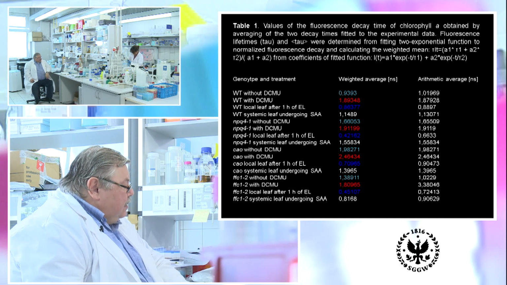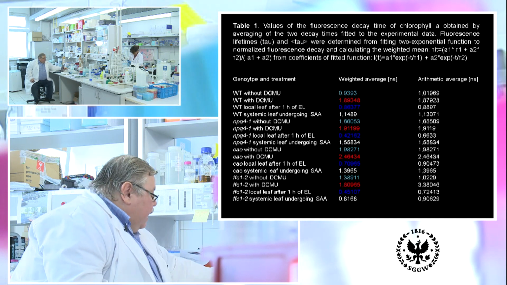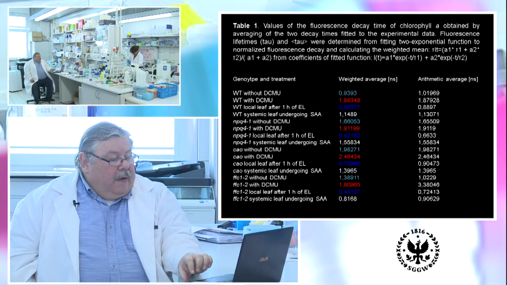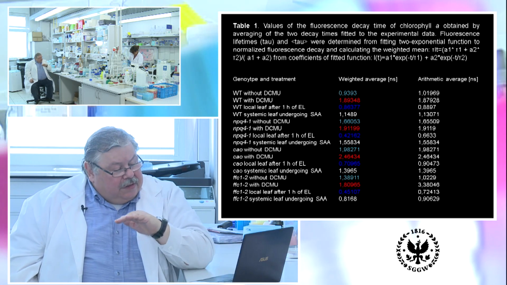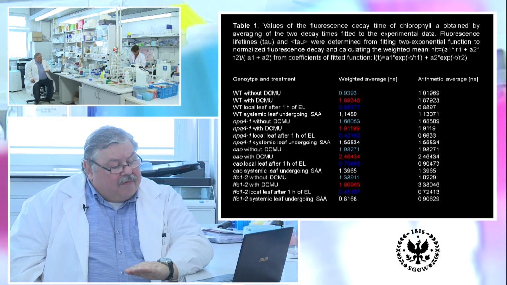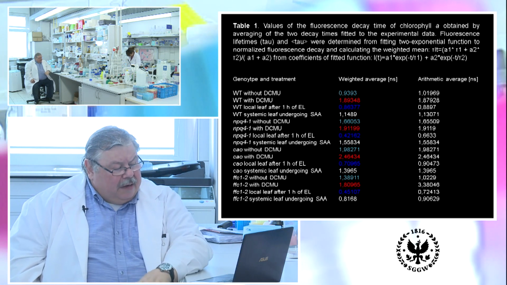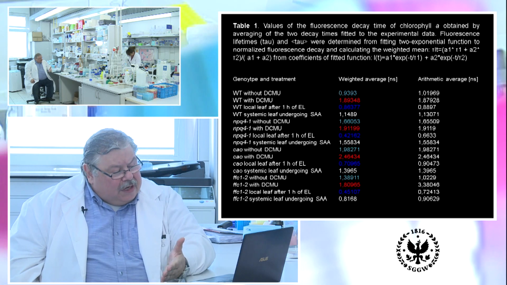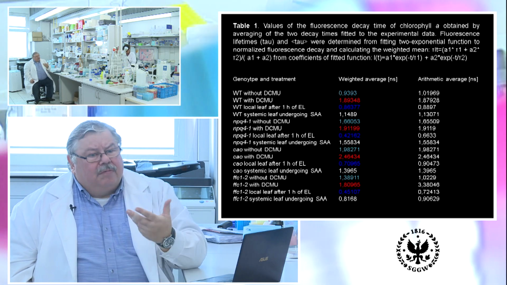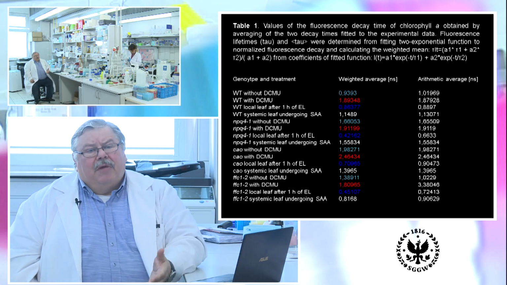In general, we can see in a table that the weighted average and arithmetic average times were different with DCMU. DCMU is giving a 2 times longer fluorescence decay time. What does it mean?